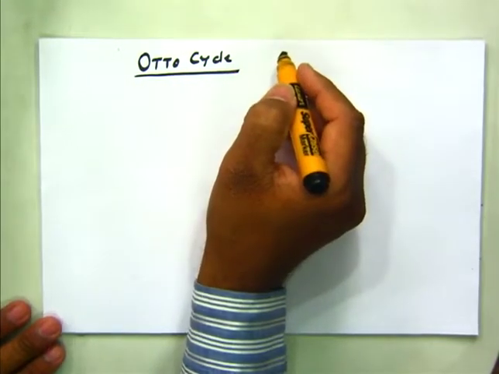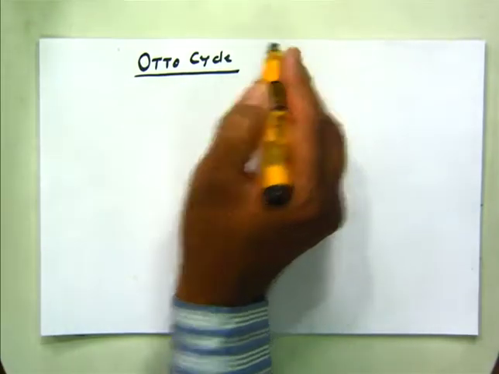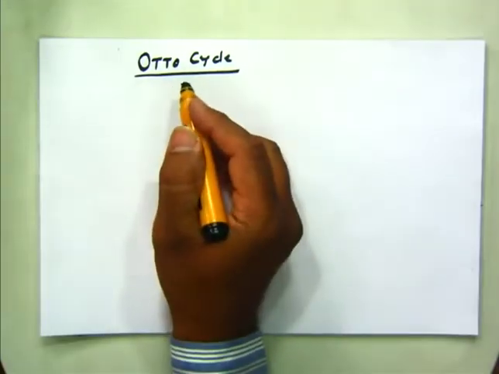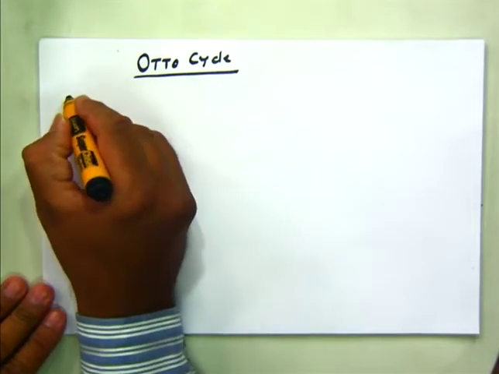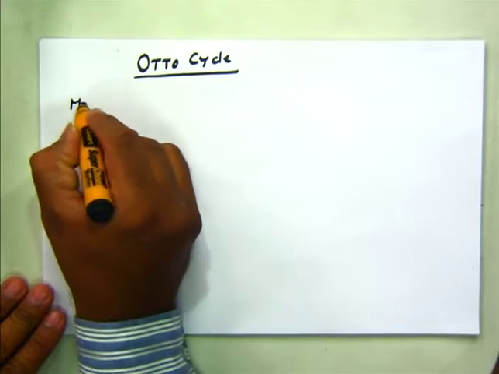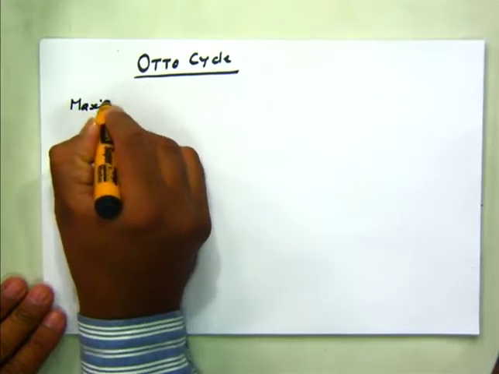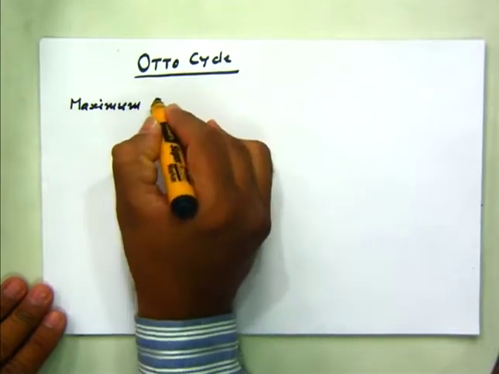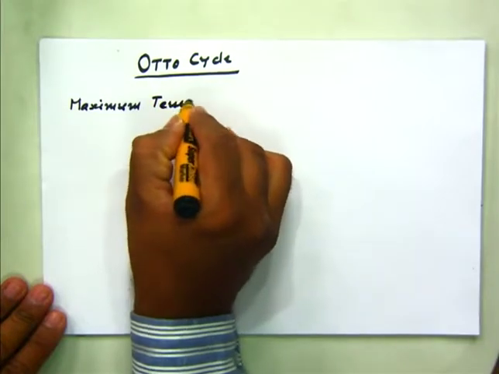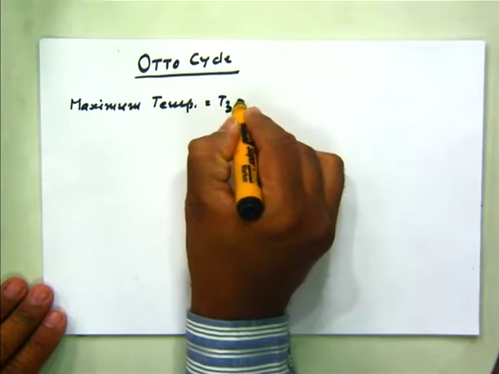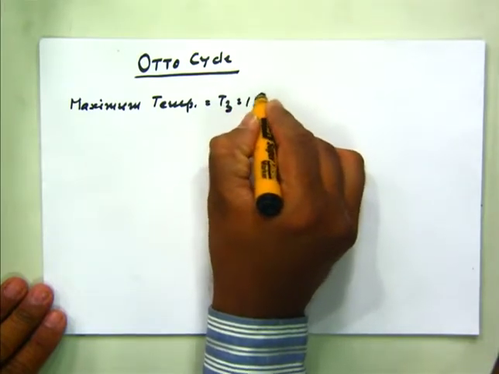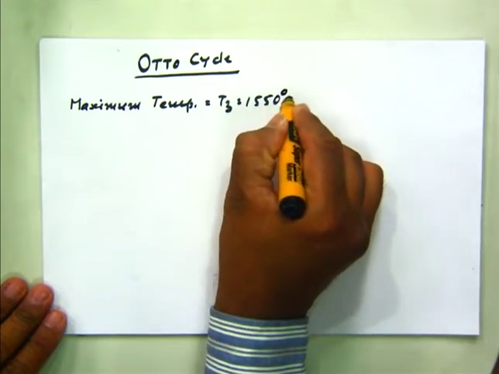Otto cycle. What is given? It is given the maximum temperature, that is T3, is 1550 degrees centigrade.